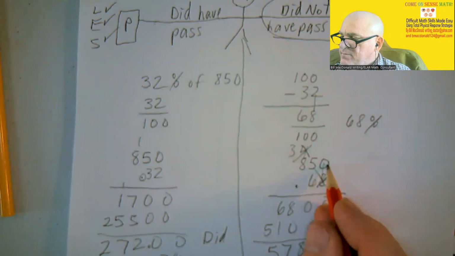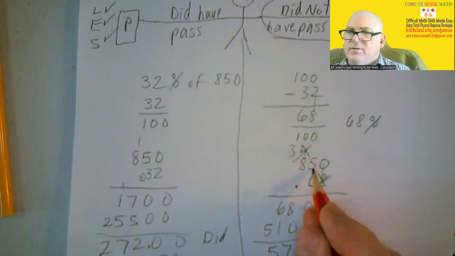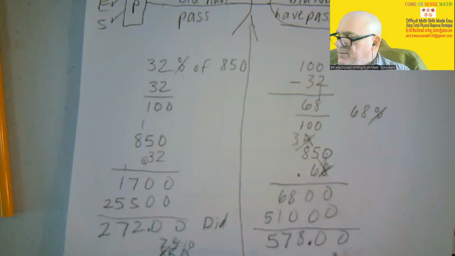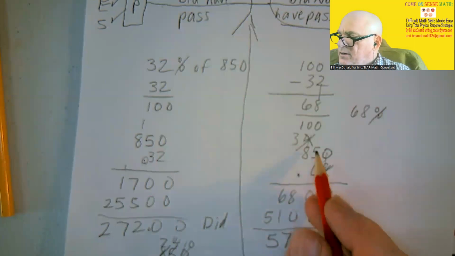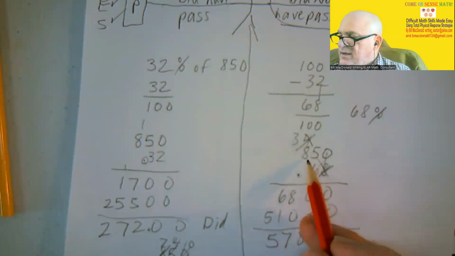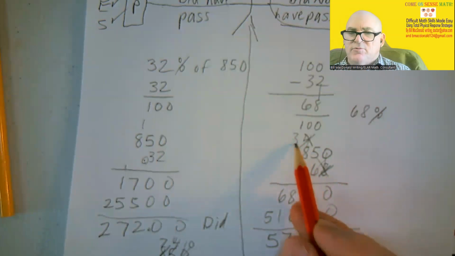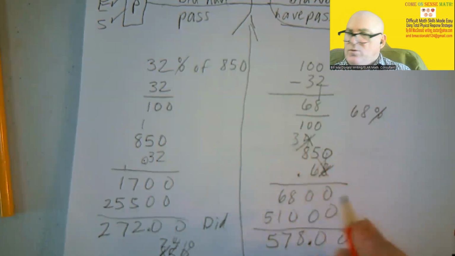Climb back down the building, climb the next building. 6 times 5 is 30, which is there. Carry the 3. 6 times 8 is 48, plus the 3 that you had left is 51.